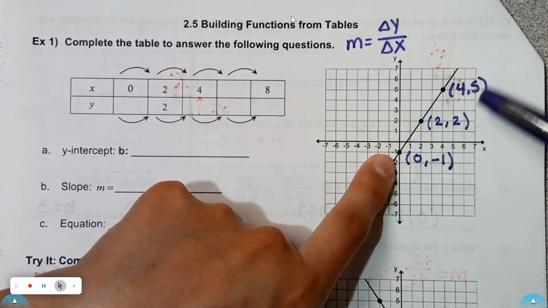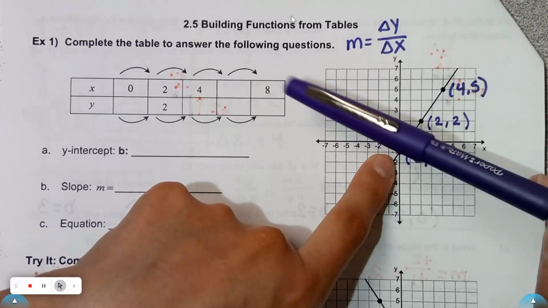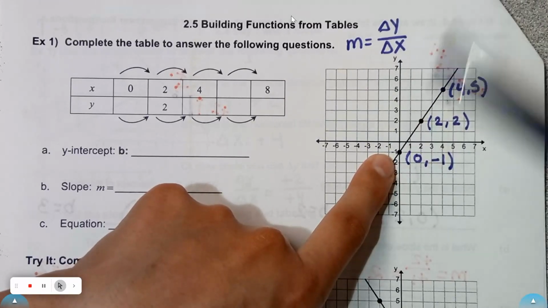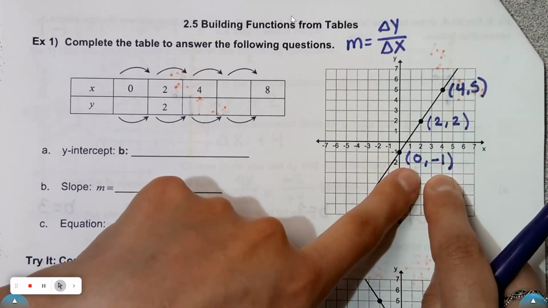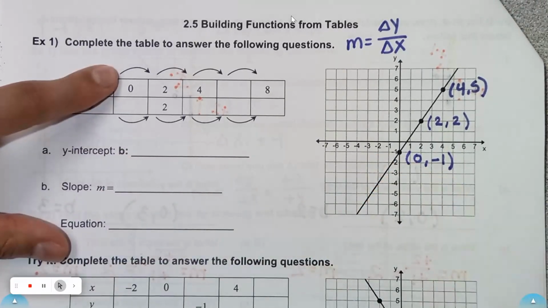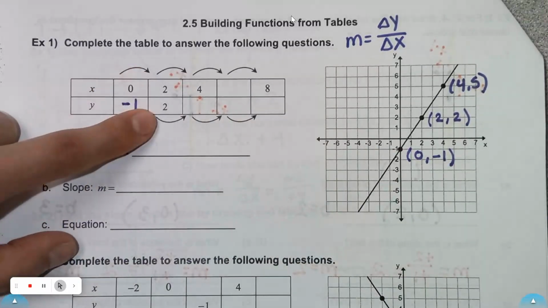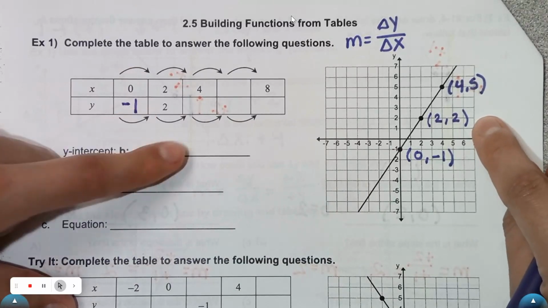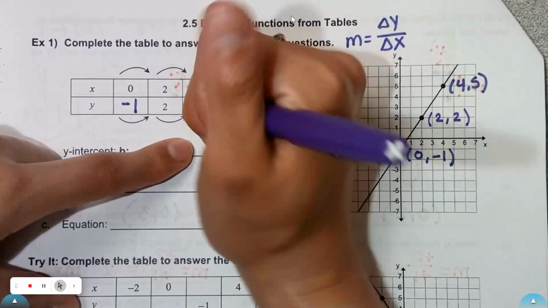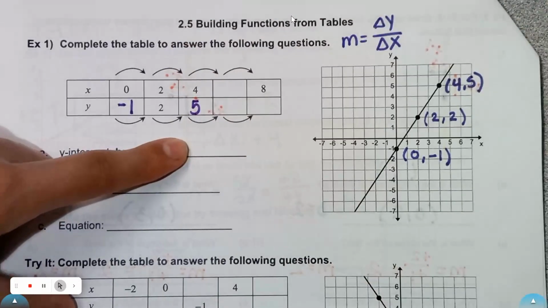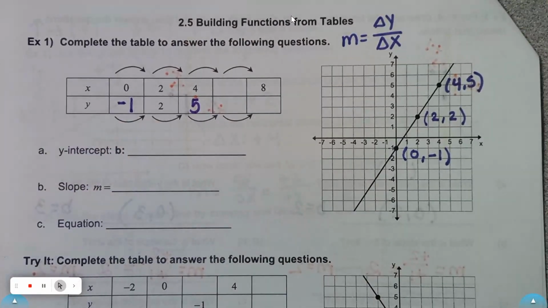I'm going to write those points in my table, and then that'll help me find my changes. So 0, negative 1, remember this is my x and then it's my y. X is 0, y is negative 1. 2, 2 is already there. And then I have 4, 5, so this should be a 5. Okay, perfect.